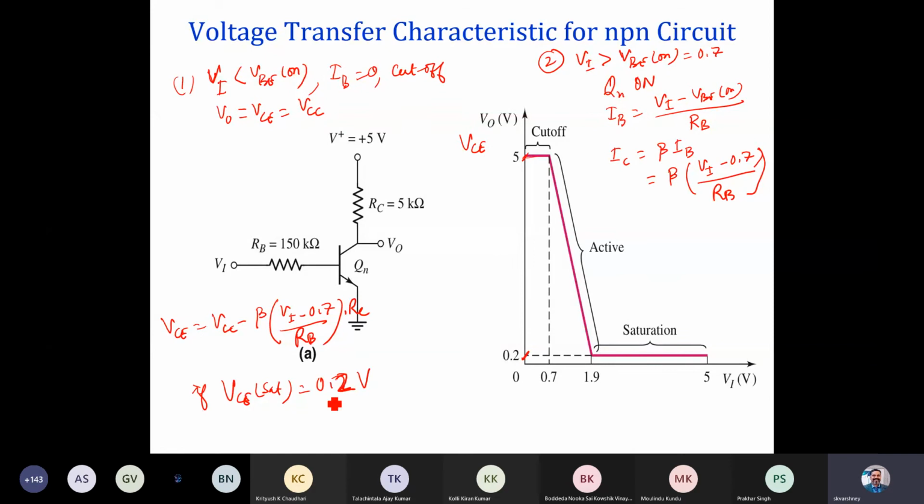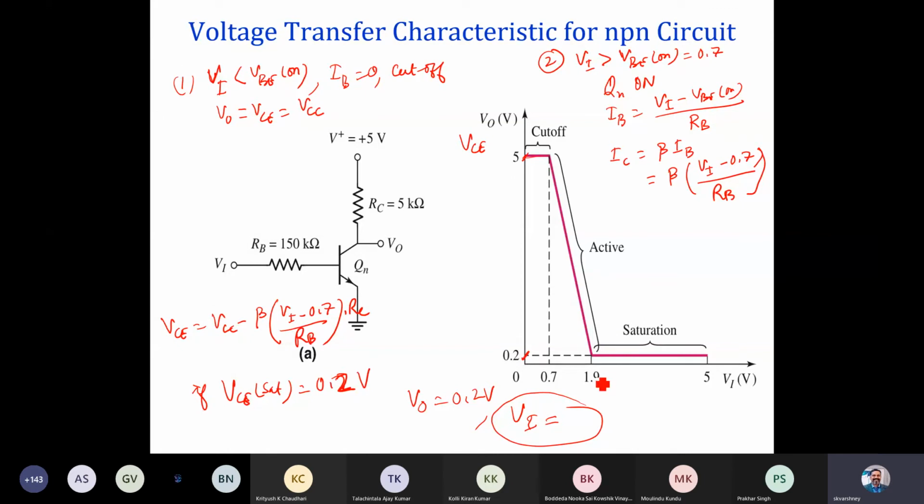When V0 is 0.2 volt, we can find out the input voltage Vi. If I substitute the given parameters, with V0 as 0.2 volt and beta as 100, we find the value of the input voltage Vi.